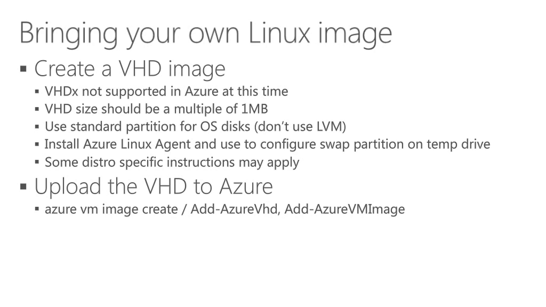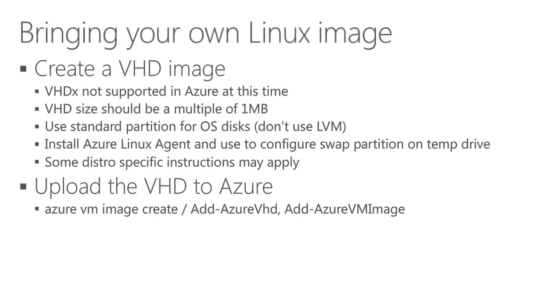And you want to make sure, this is the point that I made earlier, that you have the right versions of the Linux integration services, and you're installing the Azure Linux agent to make sure you have the support that is needed when you bring that virtual machine to Azure. And you can use the Azure Linux agent to actually configure the swap partition. Azure virtual machines have an ephemeral temporary drive, and you can use that temporary drive as a swap partition for your Linux operating system.